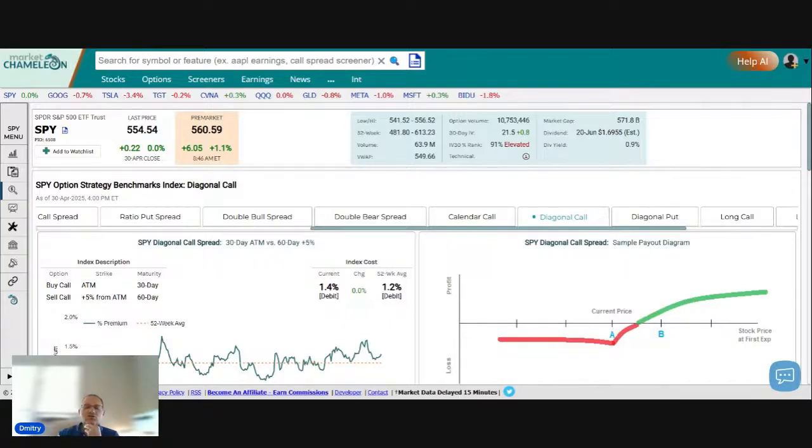And just to give you an idea of what we're benchmarking, we need to define days to maturity, because options have time premium. To standardize or normalize our analysis, we need to define days to expiration.